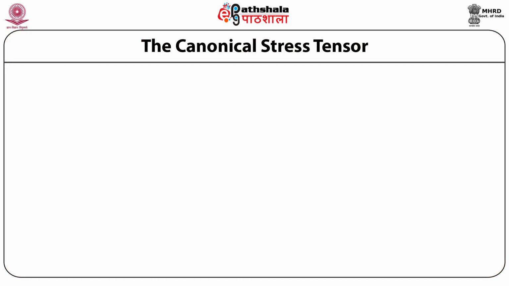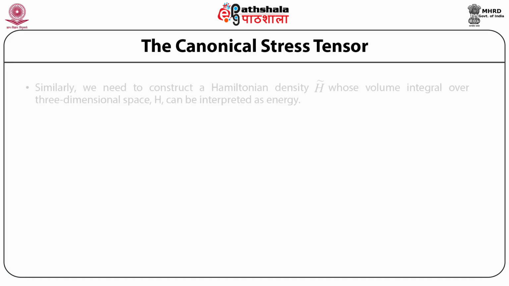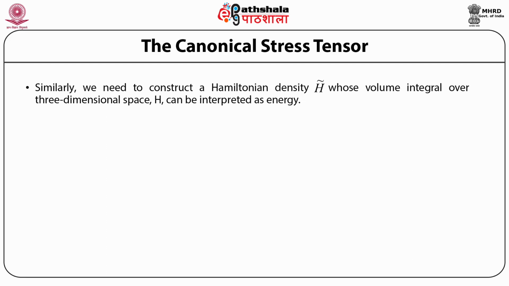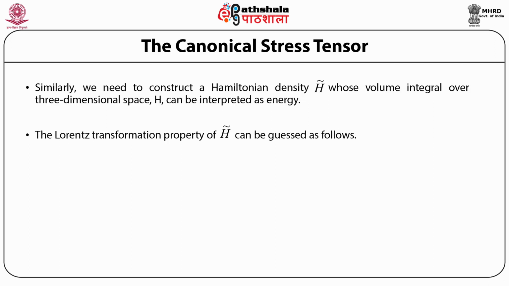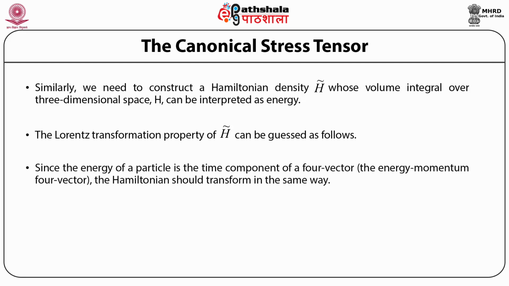So students, let us see the canonical stress tensor. Similarly, we need to construct a Hamiltonian density H whose volume integral over three-dimensional space can be interpreted as energy. The Lorentz transformation property of H can be guessed as follows. Since the energy of a particle is the time component of a 4-vector, the Hamiltonian should transform in the same way.